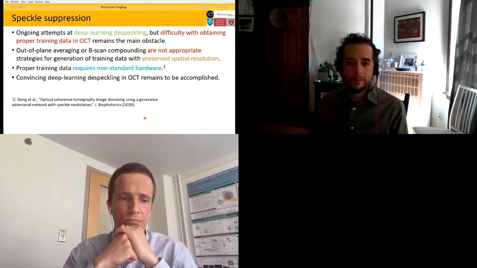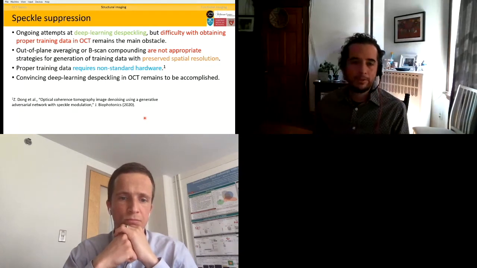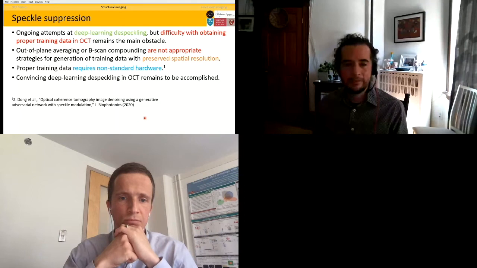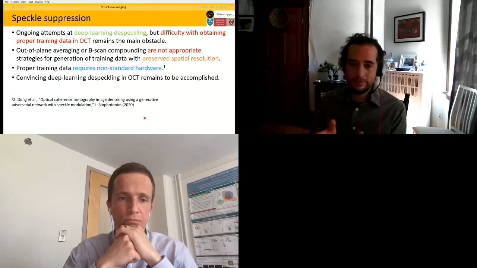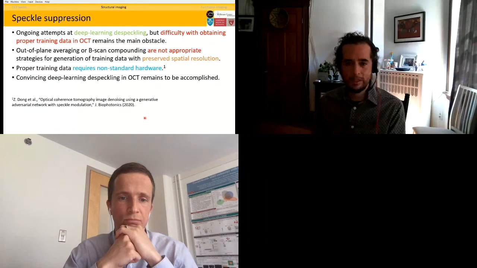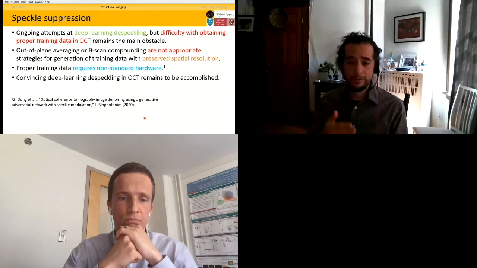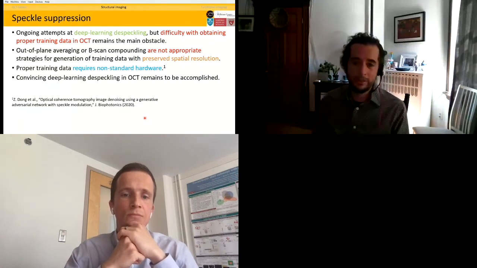So there have been ongoing attempts at deep learning despeckling. But really the main challenge is obtaining proper training data. And I want to emphasize that most of the works that have been published use either out-of-plane averaging or B-scan compounding. And these are not appropriate strategies for generation of training data if we want to preserve the spatial resolution of the despeckling process.